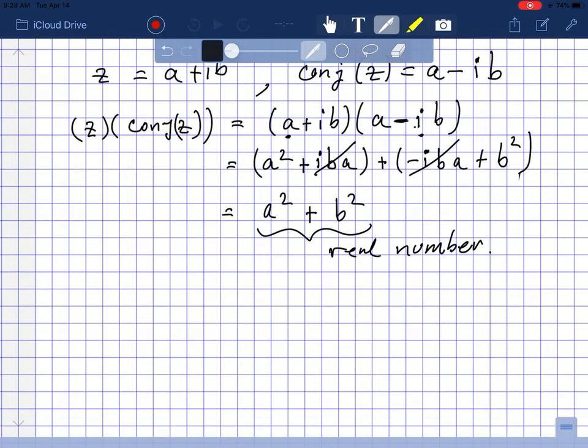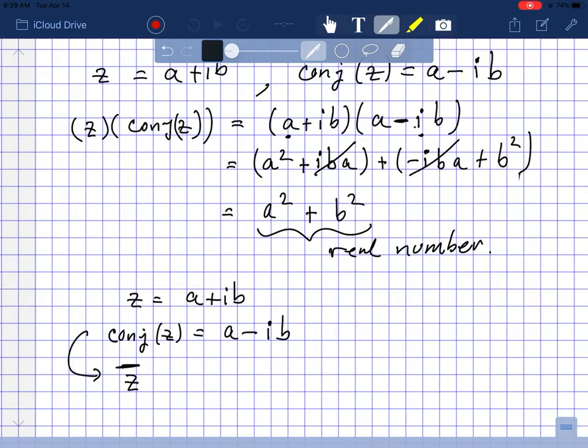Let me also mention, many times, often, the conjugate of a complex number is denoted a little bit differently. So right now, if we have z is equal to a plus i times b, I said that the conjugate of z is equal to a minus i times b. A lot of times this is written as z with a bar above it.